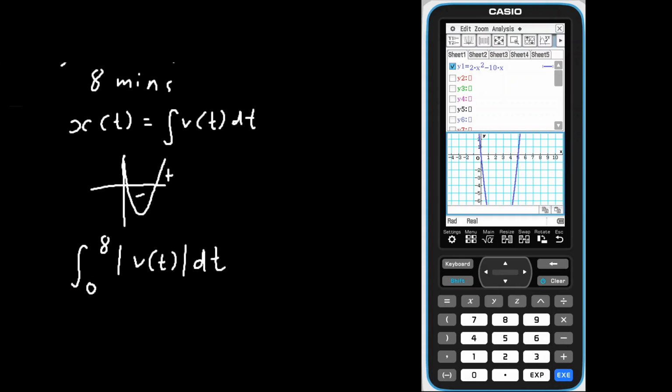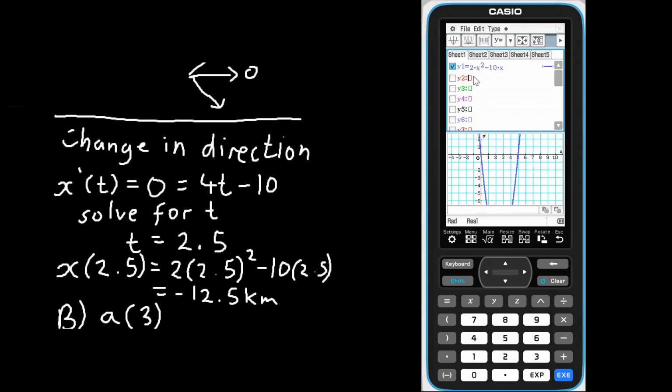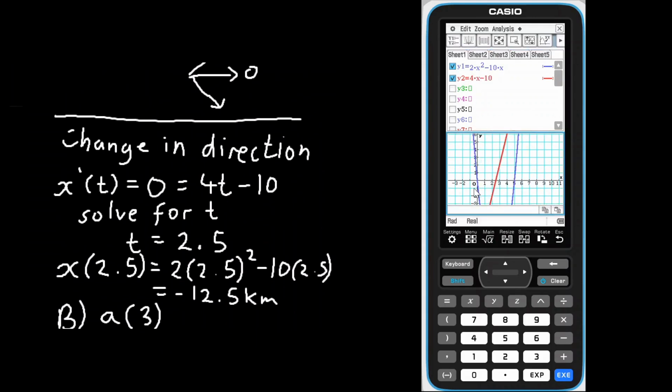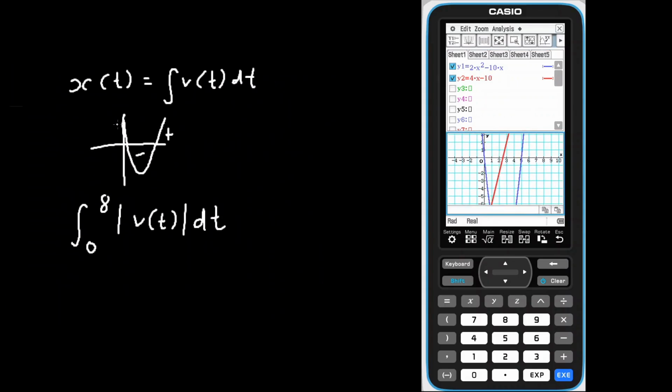Technically we're not using the displacement equation here. It'll be the differentiated version, which was just that 4x minus 10. And when we plot that, we see that it does cross, so we're still going to have that same issue. So instead of using the quadratic there, we're going to be using this one, and we get a little negative here and a little positive here. To fix that, we use the absolute value.